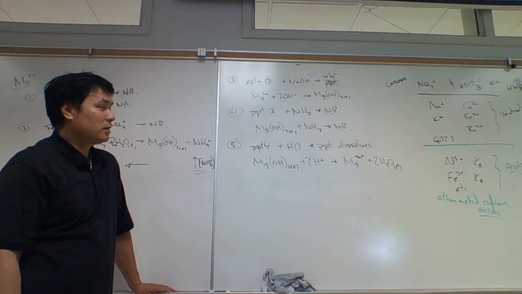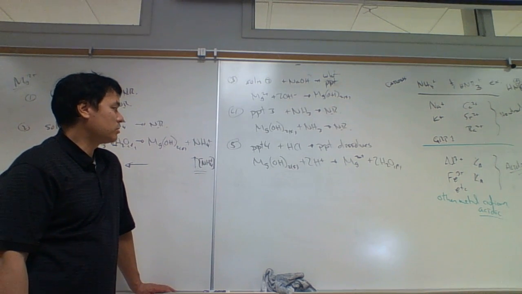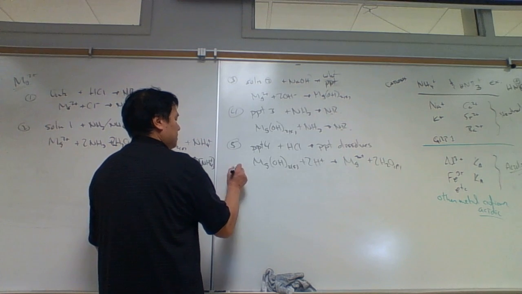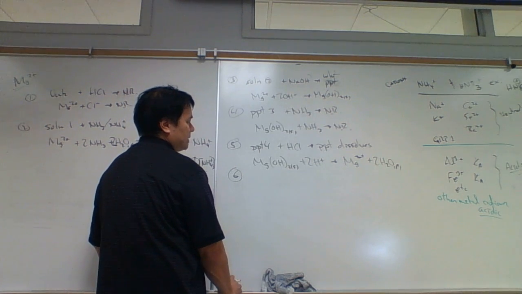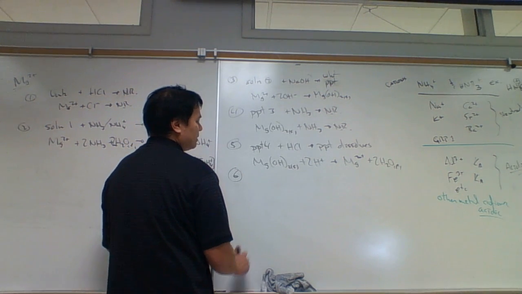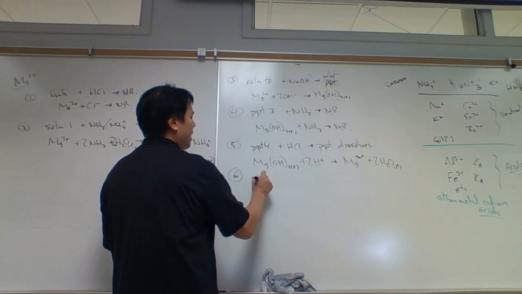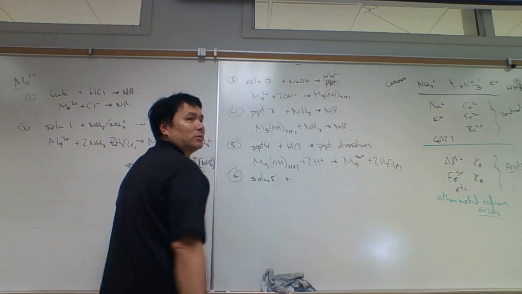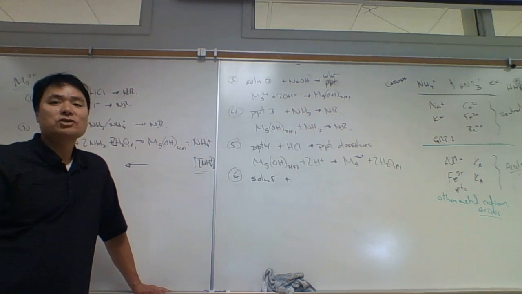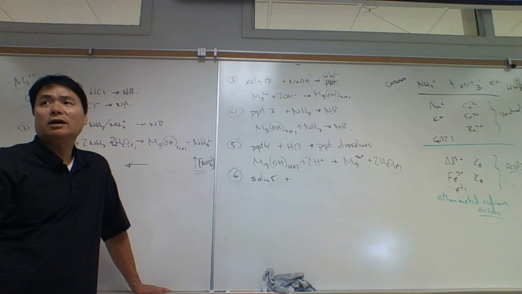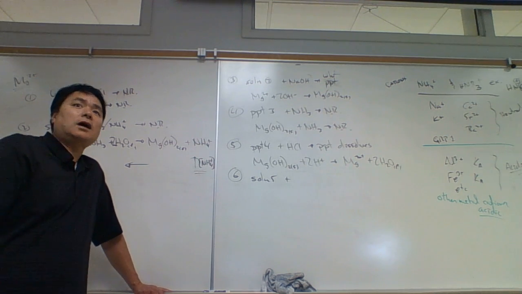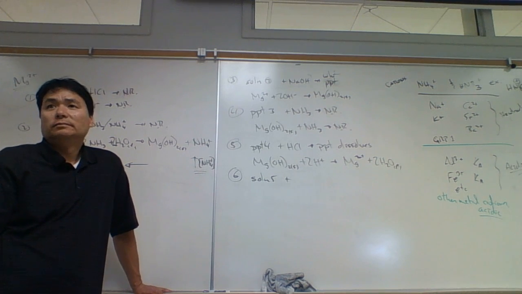There's a driving force for this. We're going from a stronger to a weaker acid. And then in 6, we're going to reprecipitate this. So we'll do solution 5. What are we adding to precipitate it again? Are we adding sodium hydroxide or ammonia? Hydroxide?